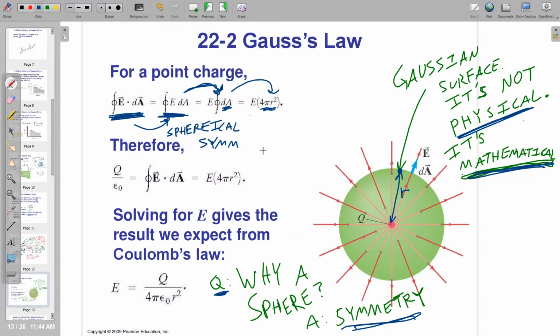So, from Gauss's law, the magnitude of the electric field, E, times 4 pi r squared, the surface area, is equal to Q over epsilon naught. Divide both sides by 4 pi r squared, and you have just derived the electric field a distance r from a point charge Q.